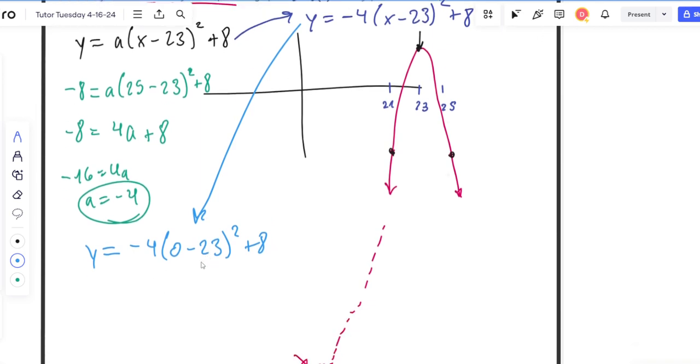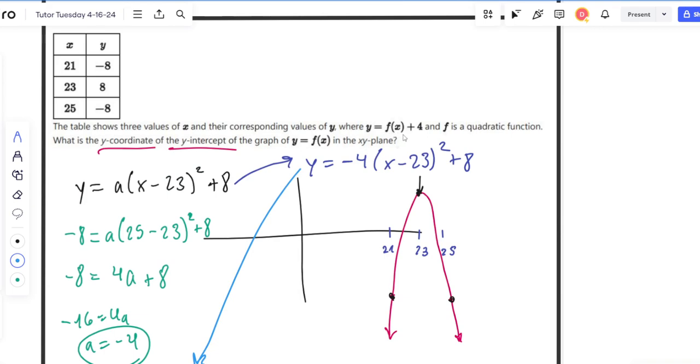Whatever 23 squared is times negative 4, that's 529 times negative 4, so that's negative 2116 plus 8. Negative 2116 plus 8 is going to be negative 2108.